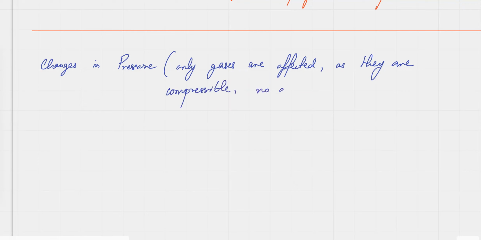There's going to be no effect on solids or liquids. Okay, absolutely no effect on solids and liquids. So changes in pressure. तो यही water वाला example कर लेते हैं, ठीक है?